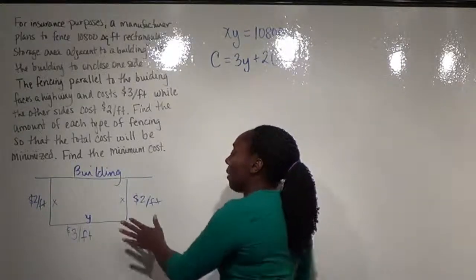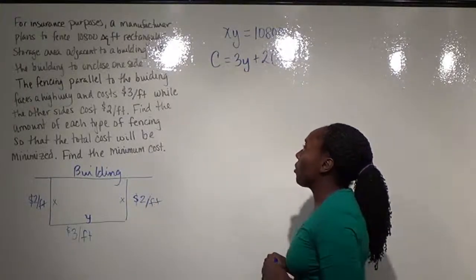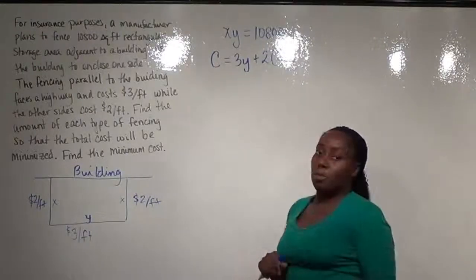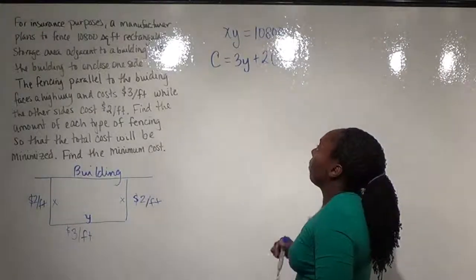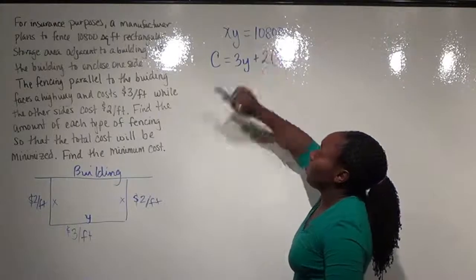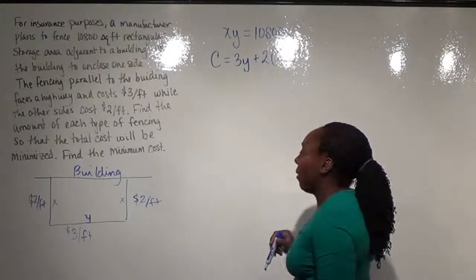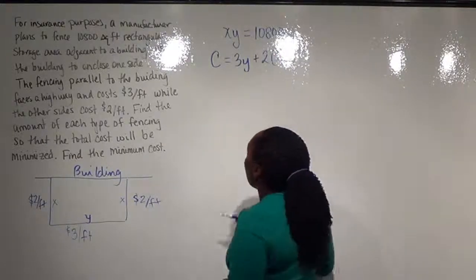Now that we've got our picture that gave us our function, we want to get our function in terms of one variable. In order to do that, we can use the relationship between X and Y in our area formula.